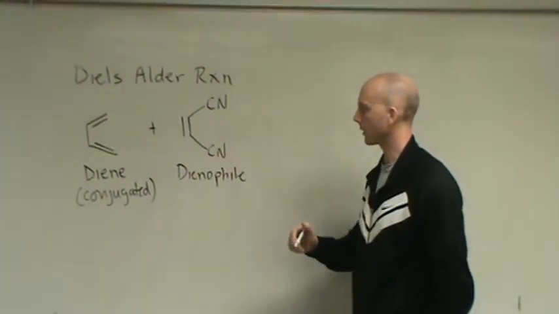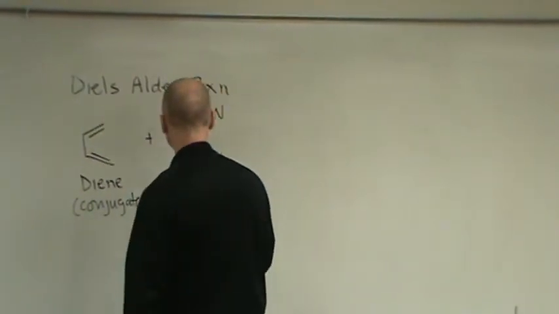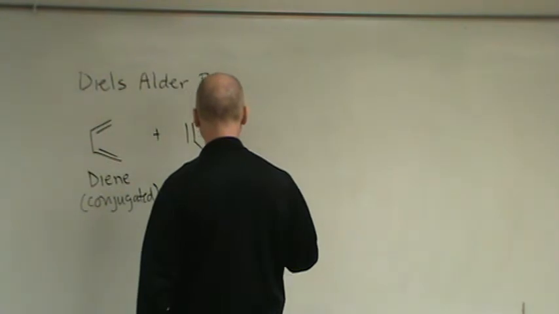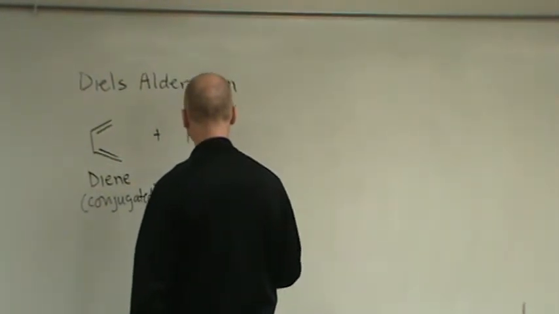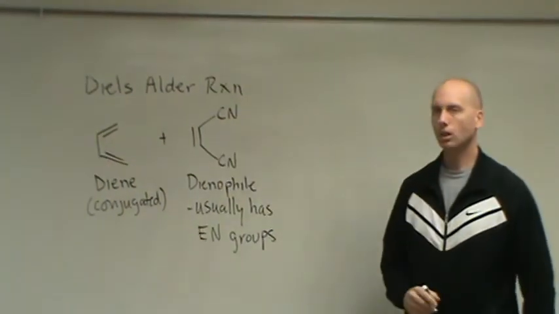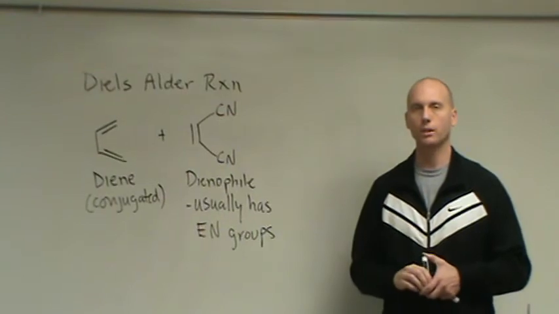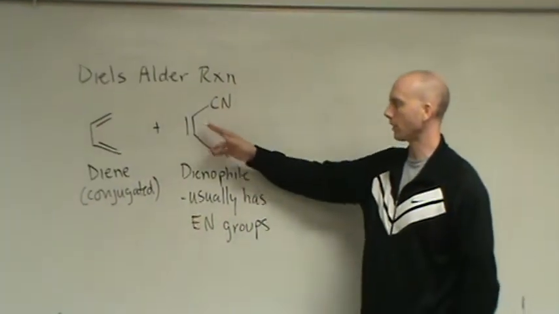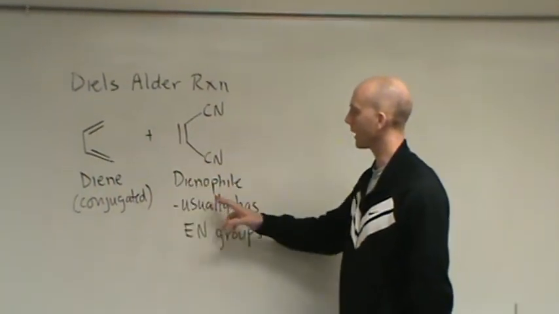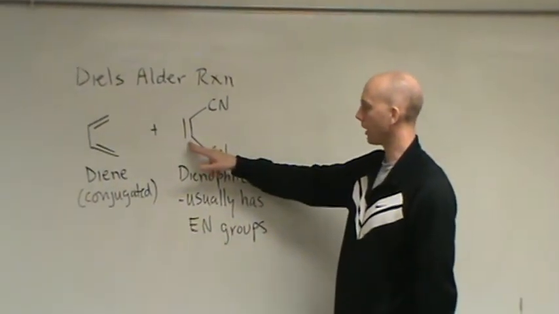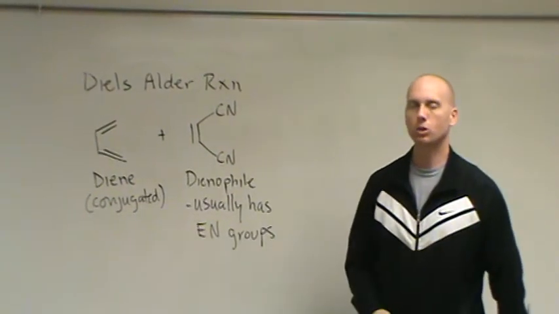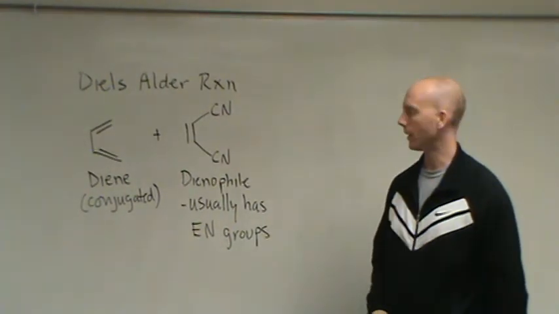One comment to make about the dienophile is that it usually has electronegative groups or electron withdrawing groups on the double bond. So the dienophile is going to be a double bond, one double bond, that reacts with the diene, where we have two conjugated double bonds.